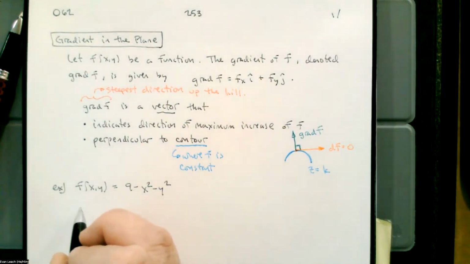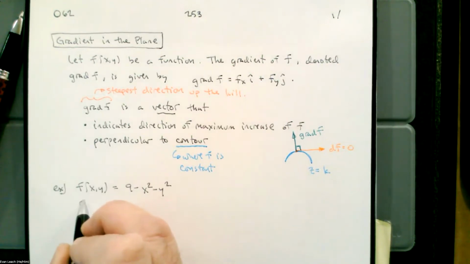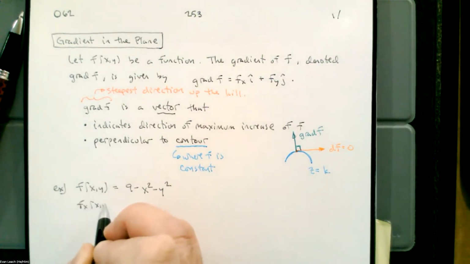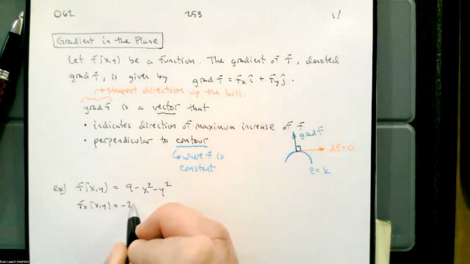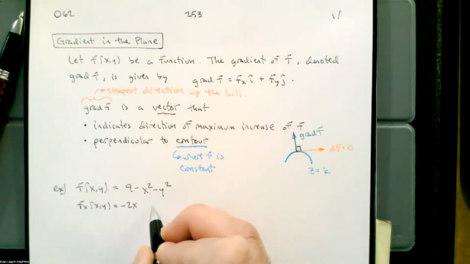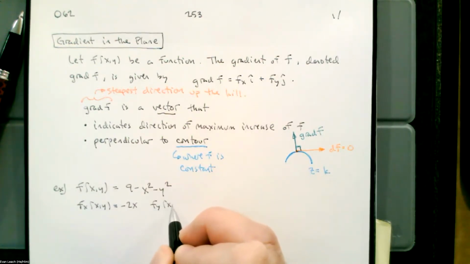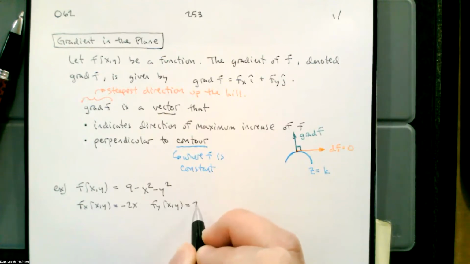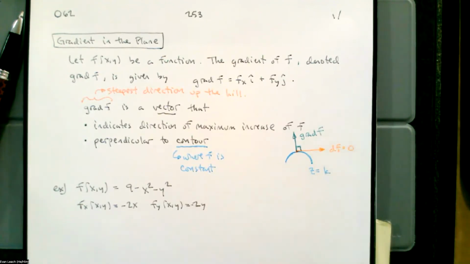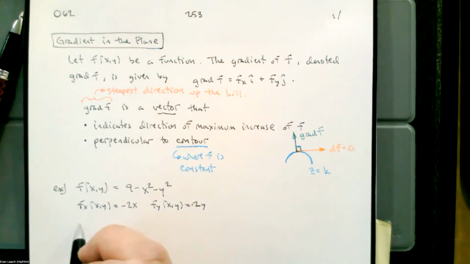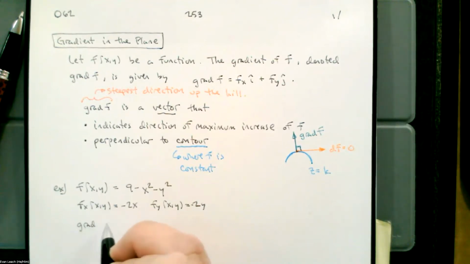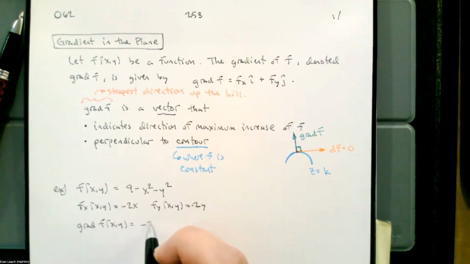So our gradient of f, we need our two partial derivatives. fx of x, y is minus 2x, and fy of x, y is minus 2y. So our gradient is minus 2x i minus 2y j.